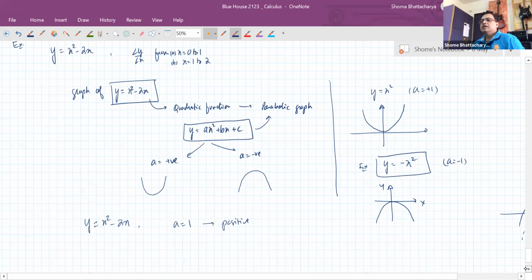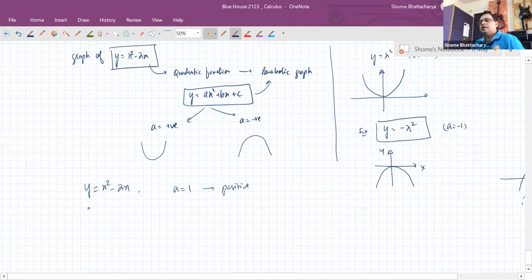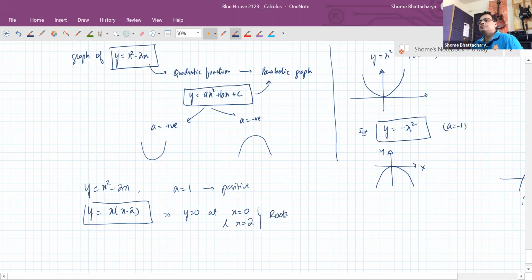Now the second thing I can see is that this is very easy to factorize. I can factorize it and write it like this. So we can see that y is equal to 0 at x equal to 0 and x equal to 2. So these are what we call the roots.